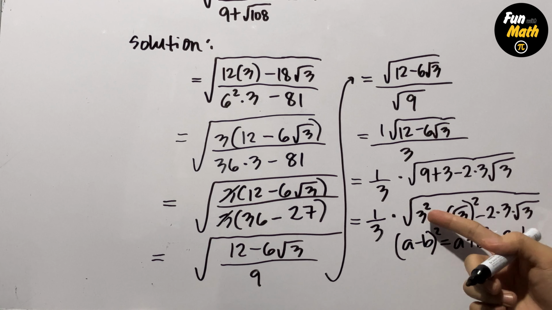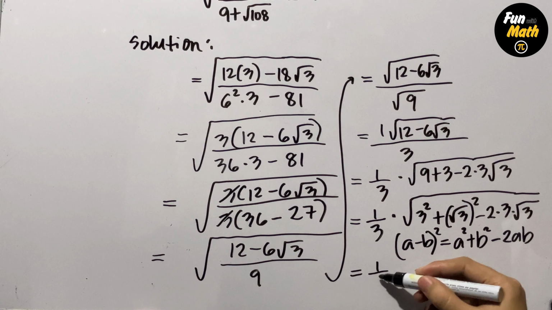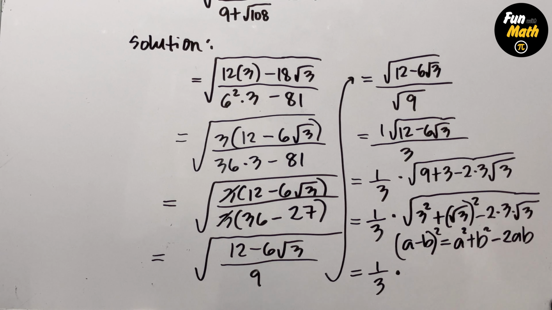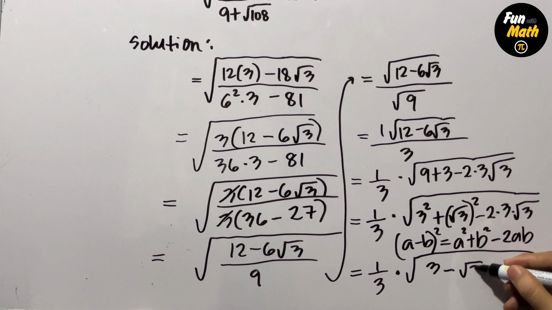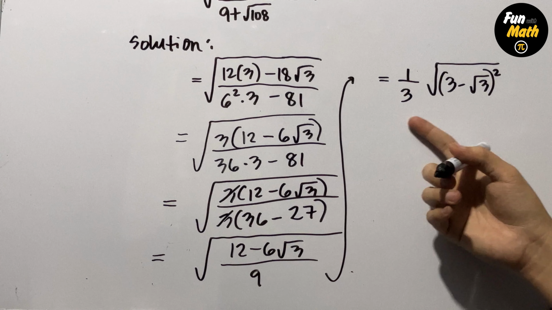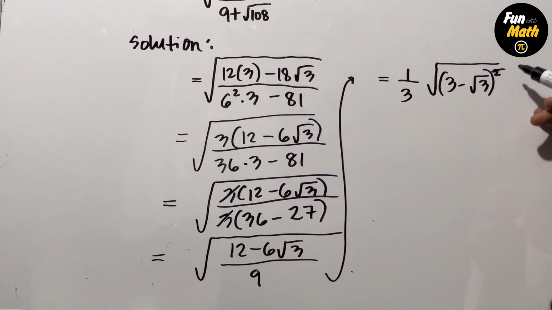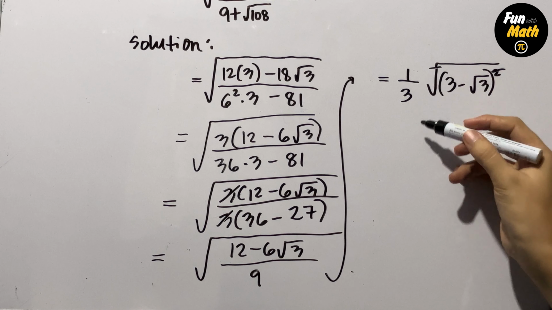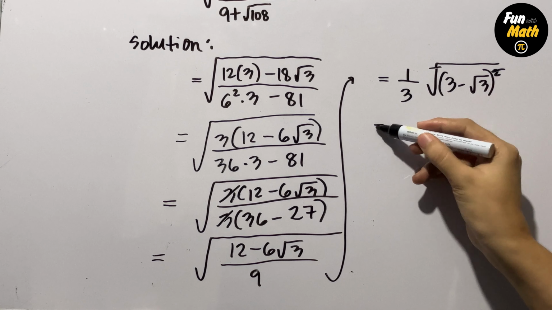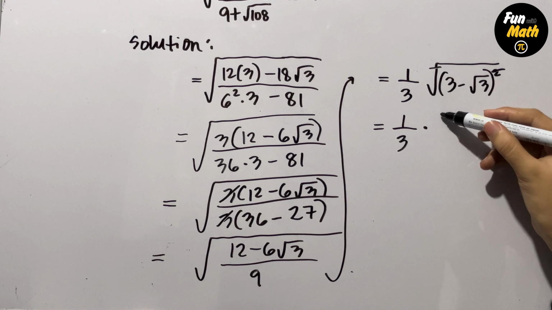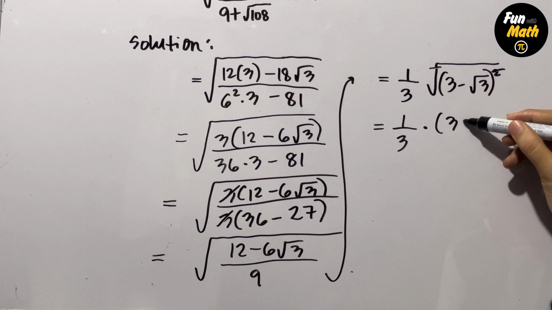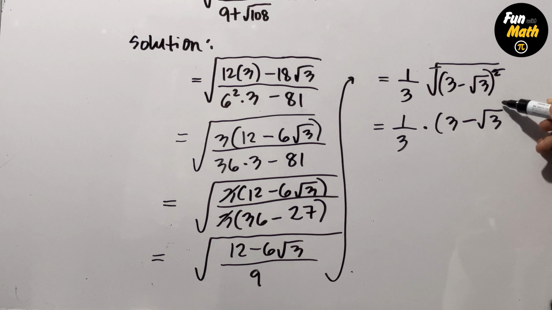So for this, we can write it as 1 over 3 times square root of 3 minus square root of 3 squared. And for this, we can cancel the squared and the radicand. So we're left with equals 1 over 3 times 3 minus square root of 3.